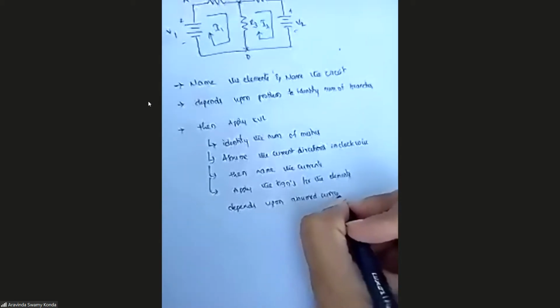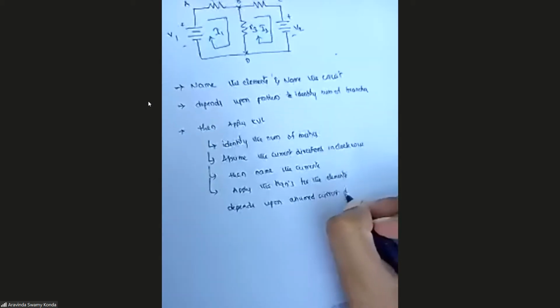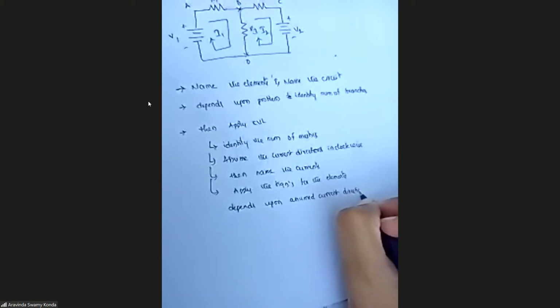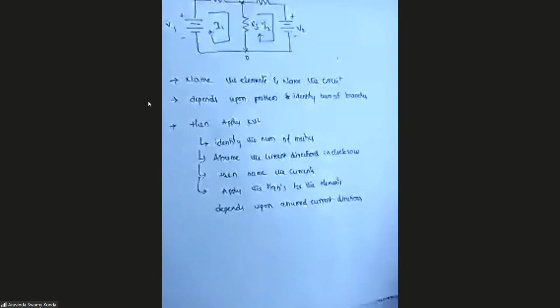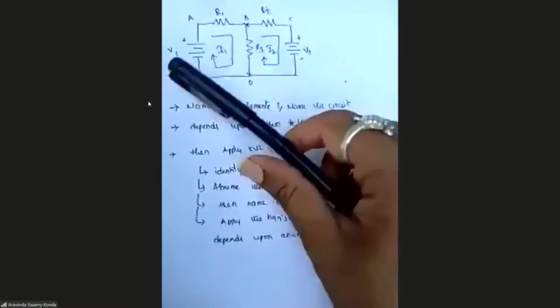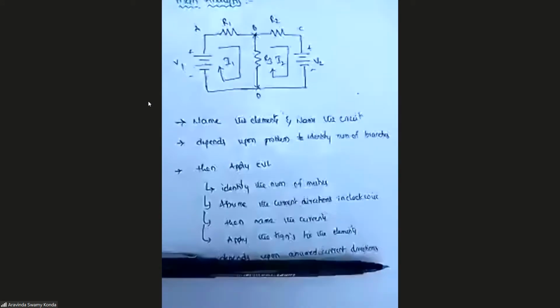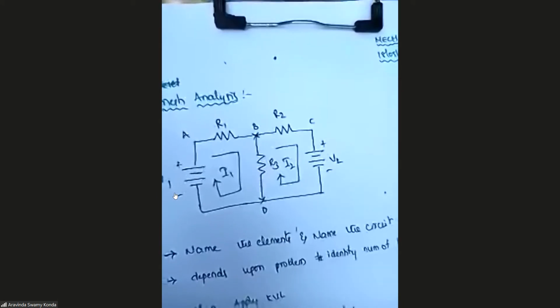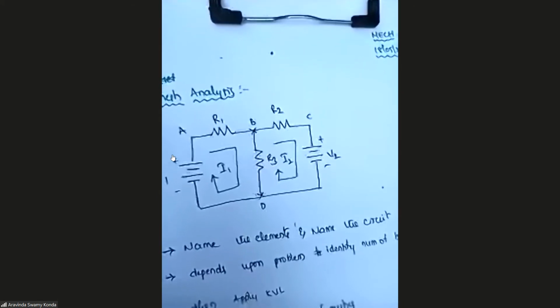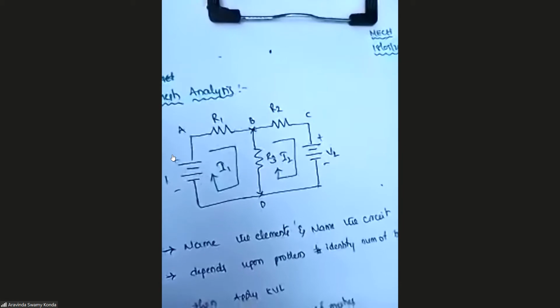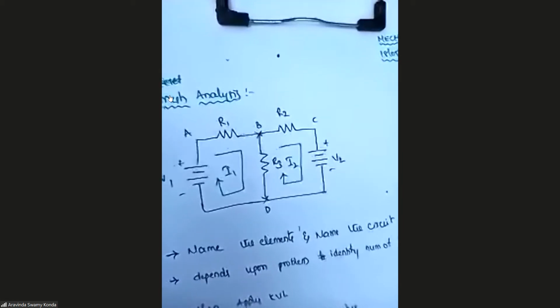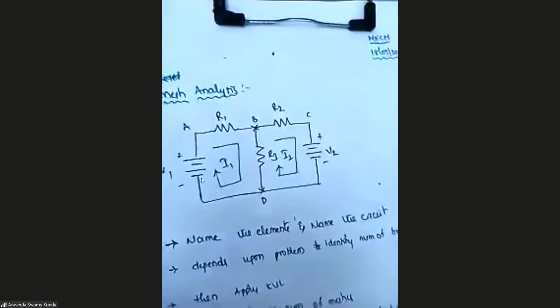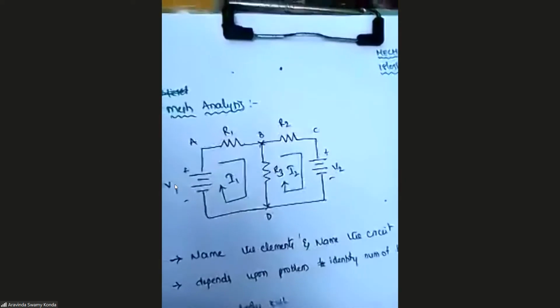For the element you assign a positive sign and a negative sign, and that depends upon the current direction. So the current entering point of the element is the positive node and the current leaving point of that element is the negative node.